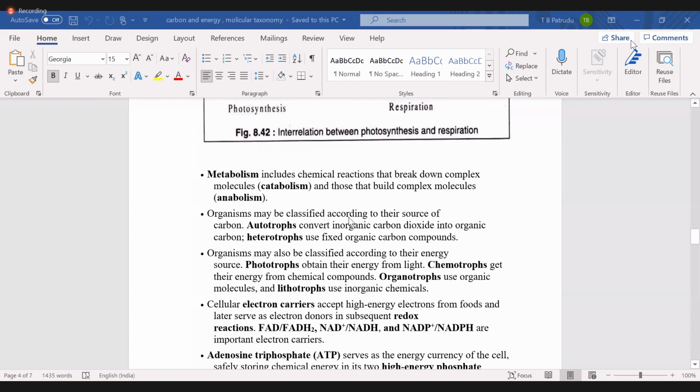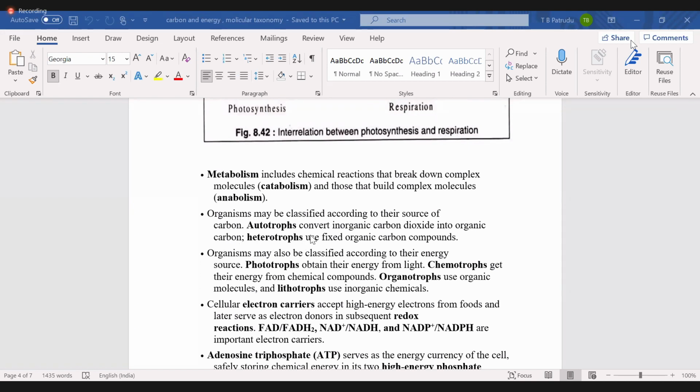Organisms may be classified according to their source of carbon, into autotrophs and heterotrophs. Autotrophs convert inorganic carbon, meaning atmospheric carbon dioxide, CO2, into organic carbon, meaning glucose and fructose.